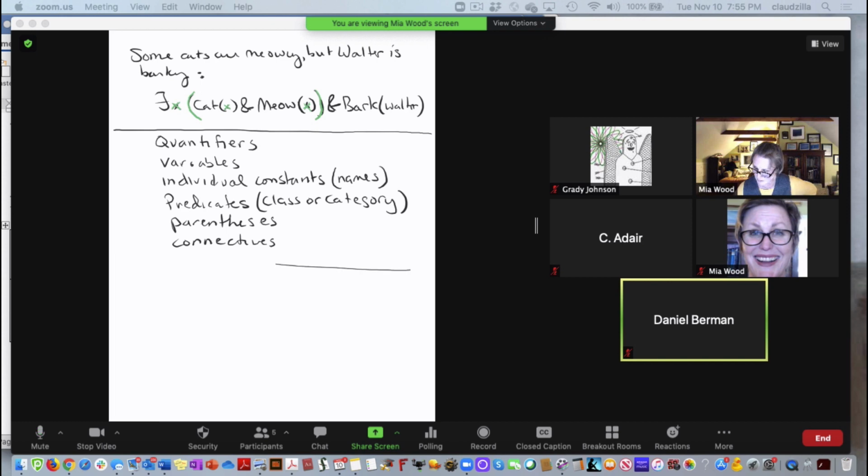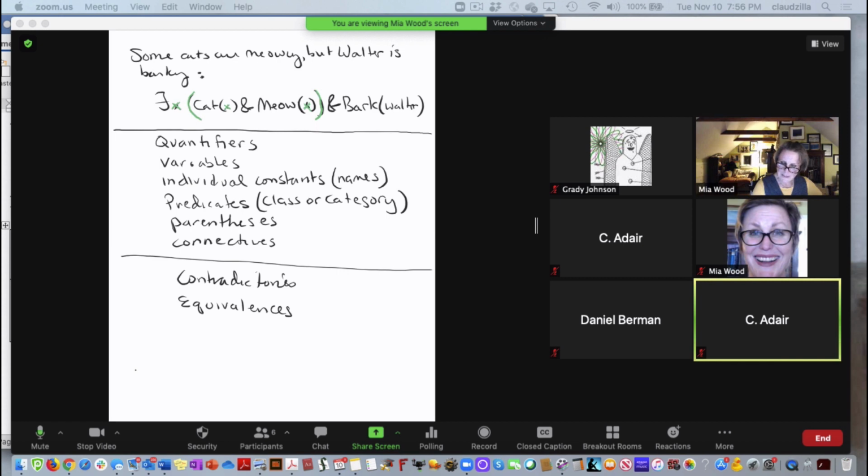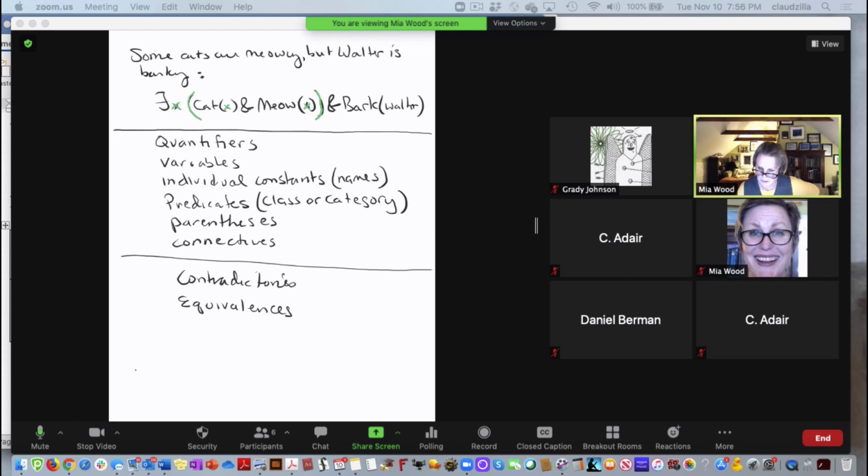So here's what we want to talk about next. We want to talk about contradictories and equivalences. We should also be able to get to necessities and counterexamples.